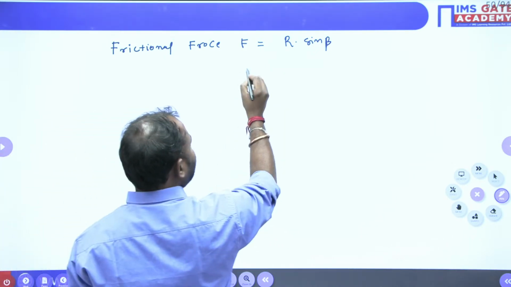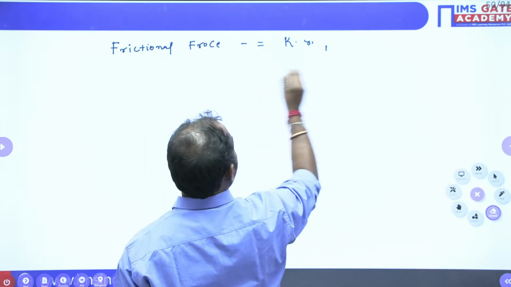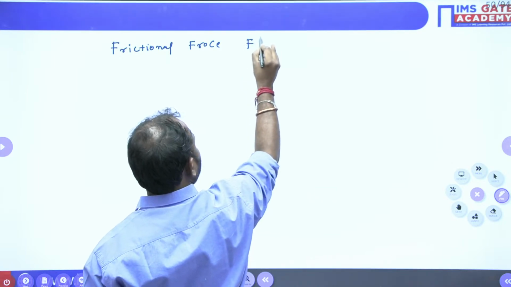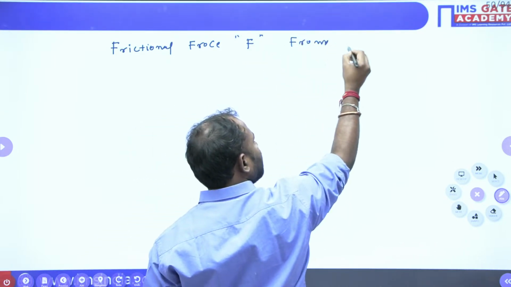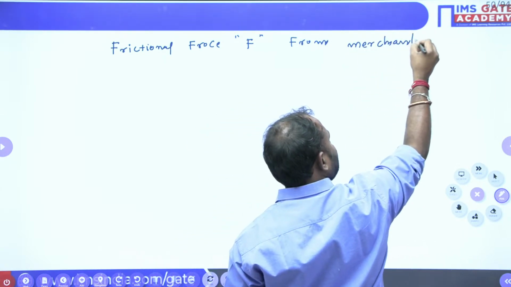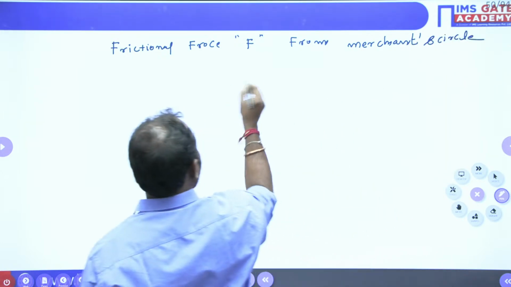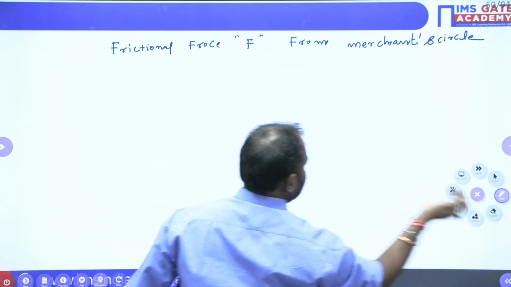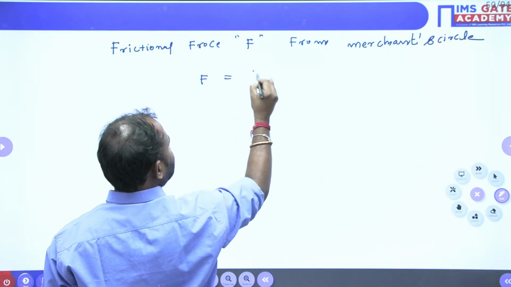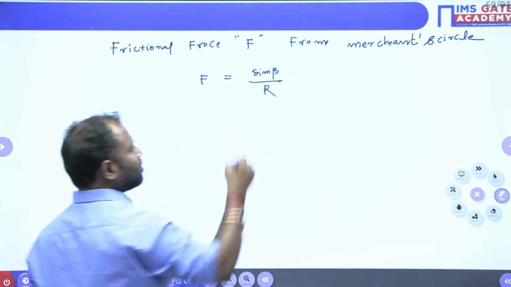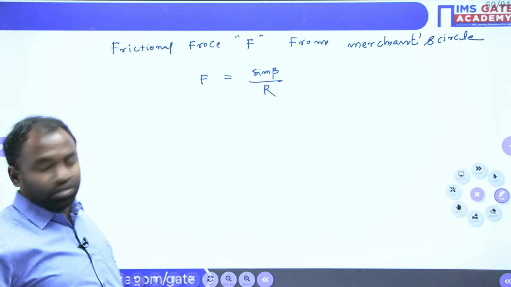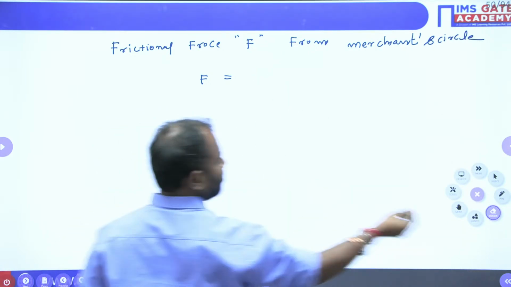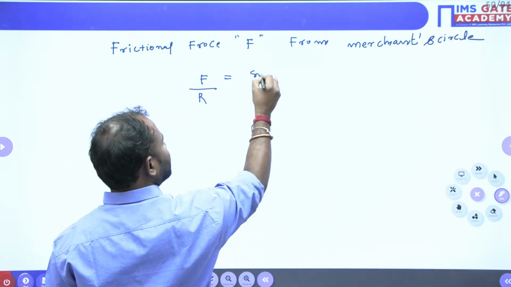As we know, F by R equal to sine beta from the Merchant circle.